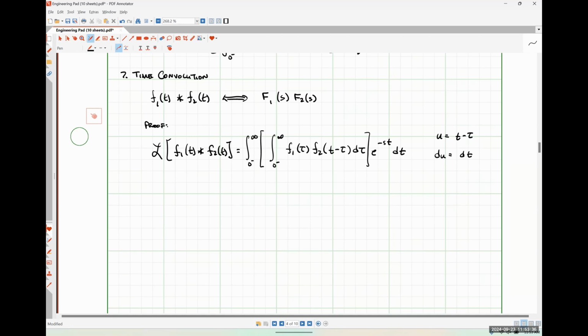Okay. So integral from 0 minus to positive infinity, not just changing the bounds on you guys to mess with you, times the integral from 0 minus to infinity of f1 of tau times f2 of u du, e to the negative s.